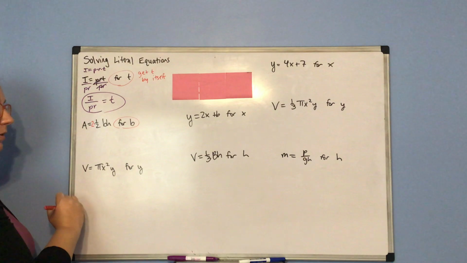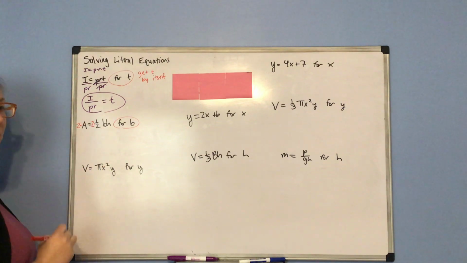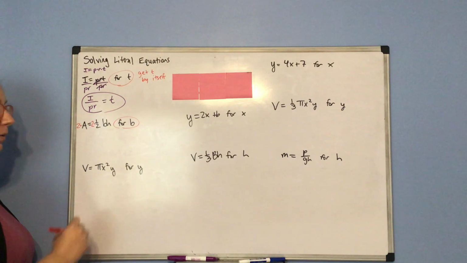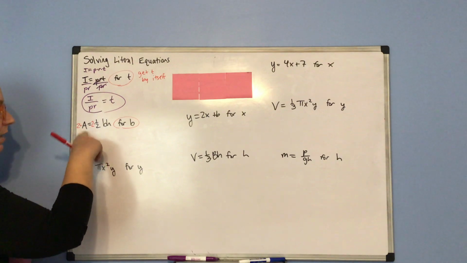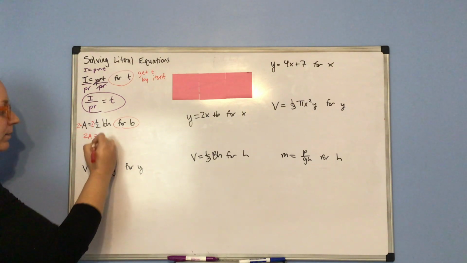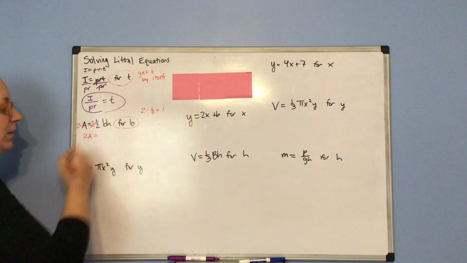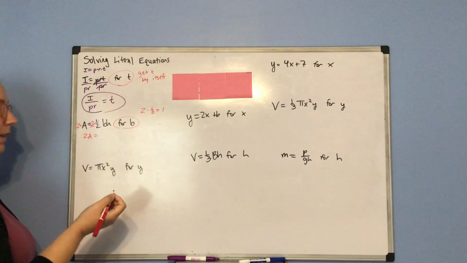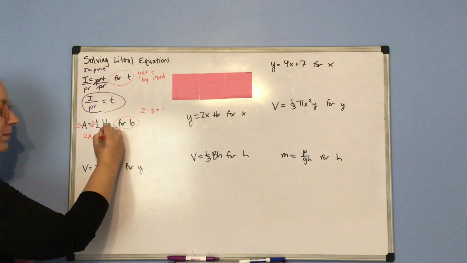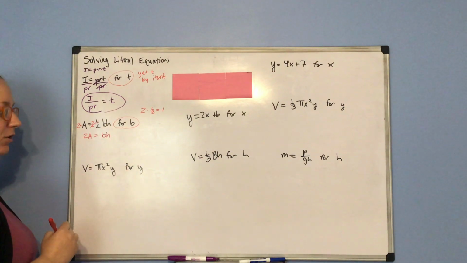So I'm going to multiply by 2 on this side. I'm also going to multiply by 2 on the other side of the equation. 2 times A is 2A. Remember that 2 times 1/2 gives us 1, and when we have a 1 in front, we don't have to write it. So 2 times 1/2 cancels, but I still have BH.